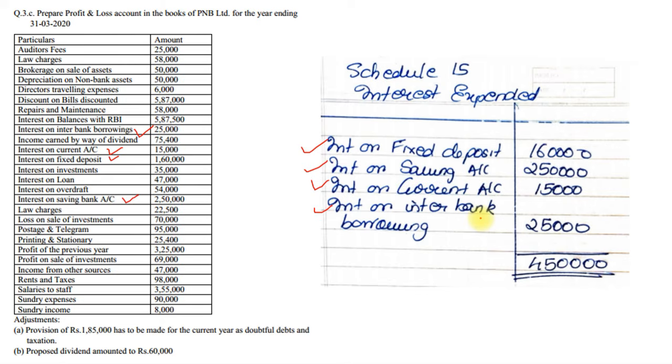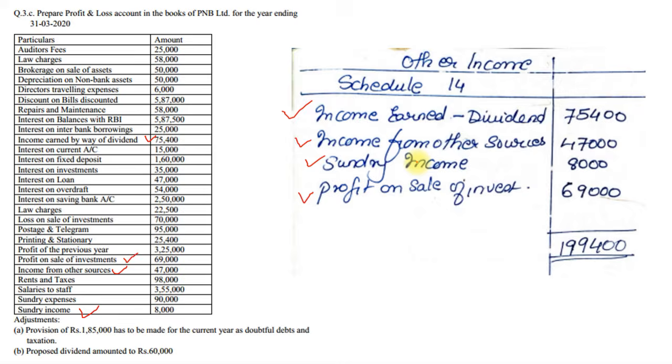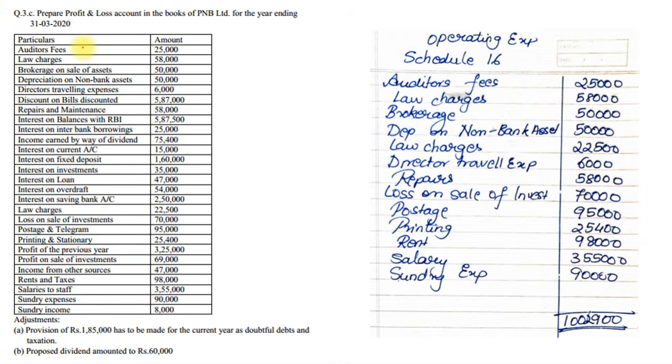Now the last schedule, that is schedule 16, is the longest one, where we'll note down all the operating expenses. Operating expenses are nothing but all the expenses that come under P&L. So auditors fees, law charges, brokerage on sale of asset, depreciation, director traveling expense, repairs and maintenance.